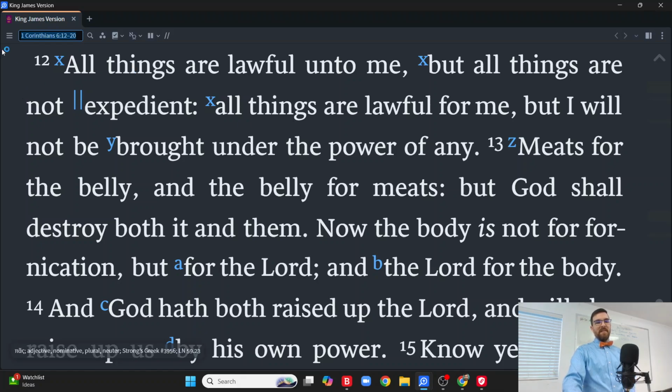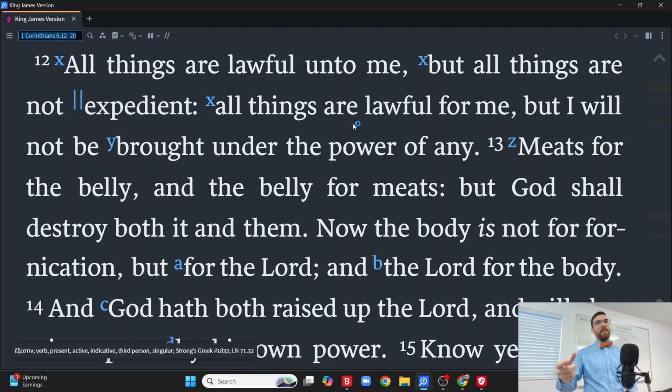All things are lawful? All things? And then there's the question: is he quoting a phrase that the Corinthians say all the time to justify their actions?